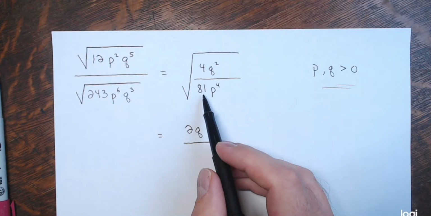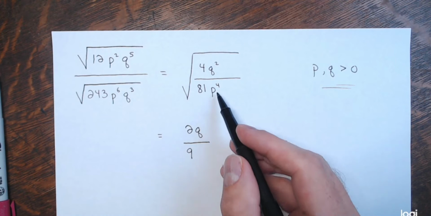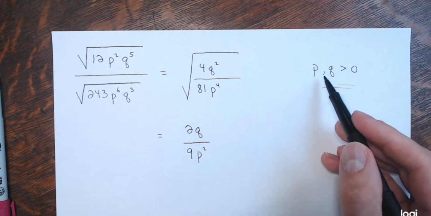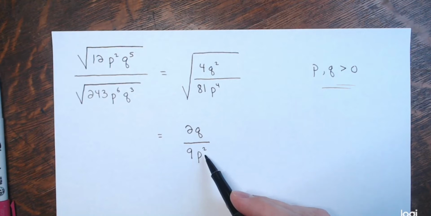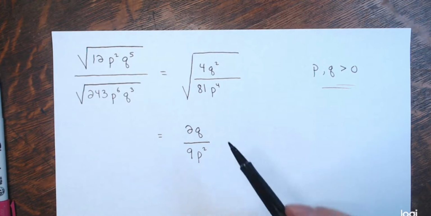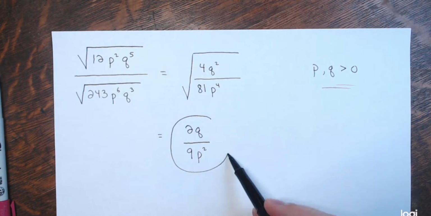And the denominator, square root of 81 is 9. Square root of p to the 4th would be p squared. And you really don't need p to be positive here, because p squared is always non-negative, but again, they just told us assume that the values of p and q are positive, so that way I don't have to worry about absolute value symbols.